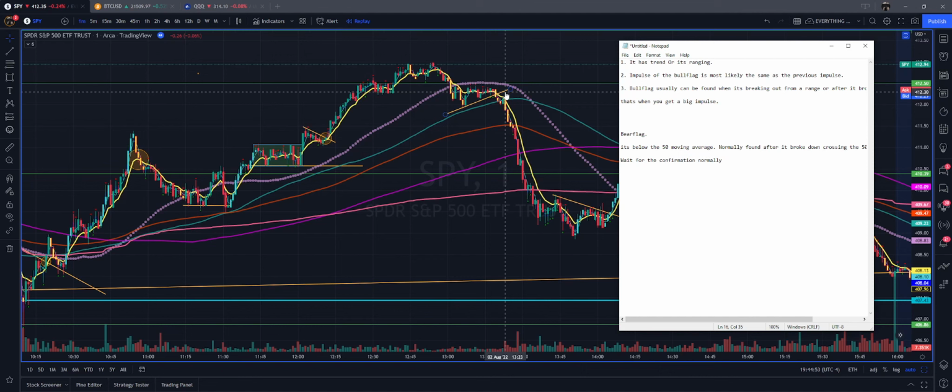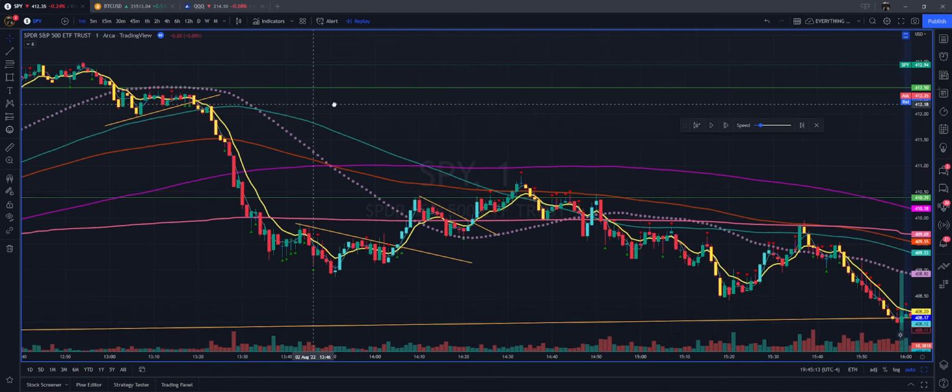Normally it's in the shape of a candlestick formation, the same thing as the bull flag. They both have a candlestick formation.